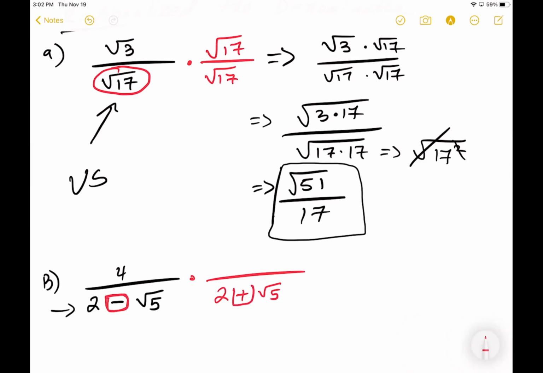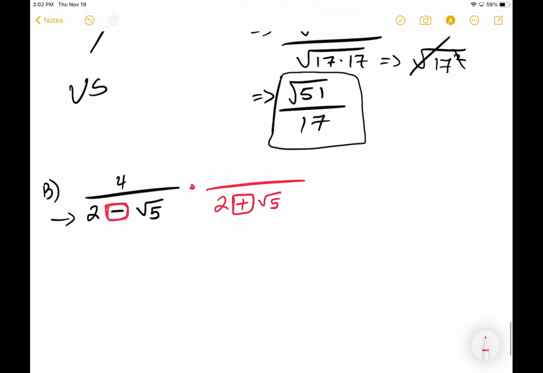We use the same two numbers, but the only thing different is the sign. We did this earlier in the week. This is what you need to recognize: 2 minus the square root of 5 times 2 plus the square root of 5.